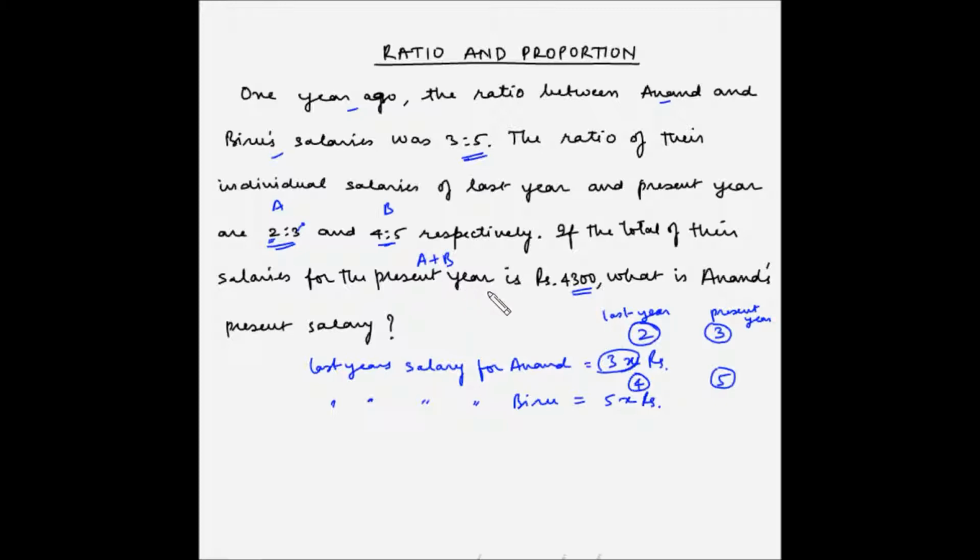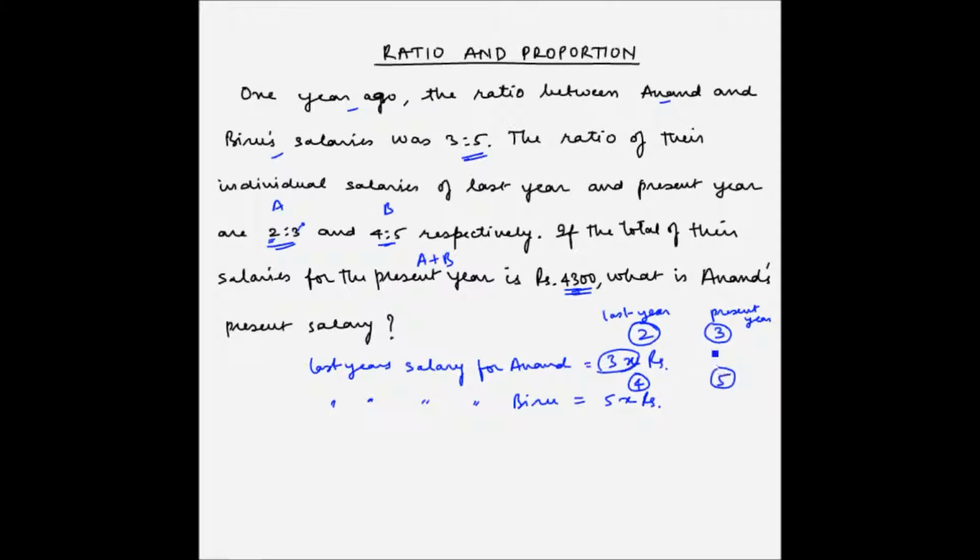And since we have been given the present salary for A and B, we need to arrive at their present salaries in terms of x. So 3x can be equated to 2 by 5.